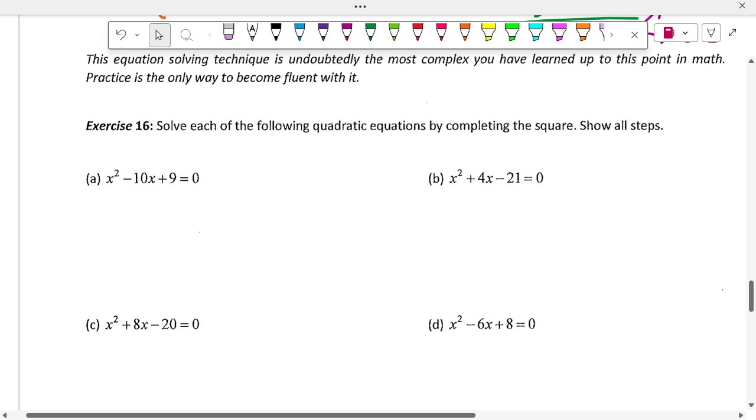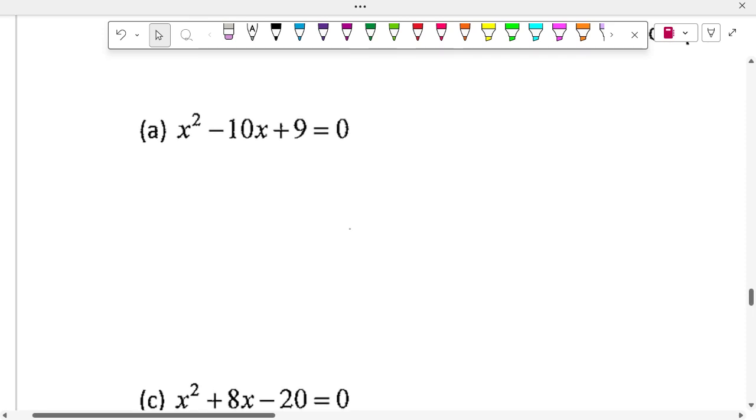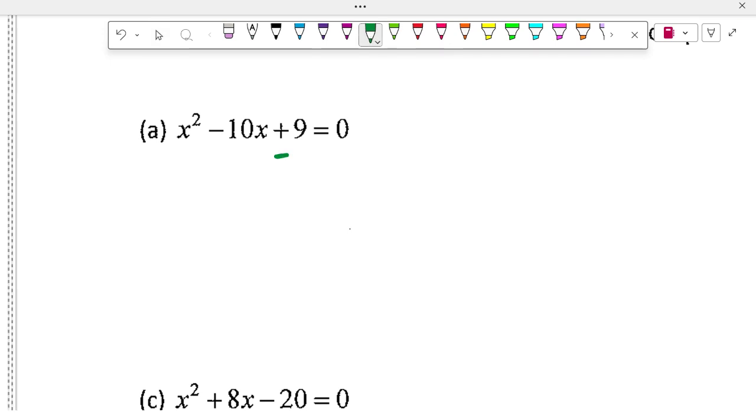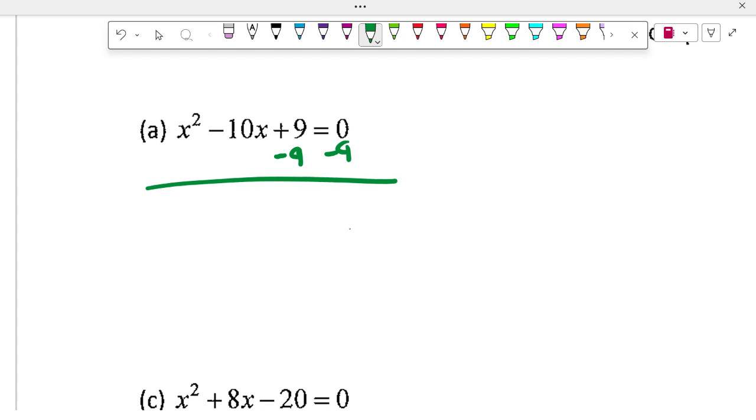Let's do A. We're taking all the steps that they broke apart in the original problem and putting it all together. So what's my first step? Subtracting the 9. I get x squared minus 10x is equal to negative 9.